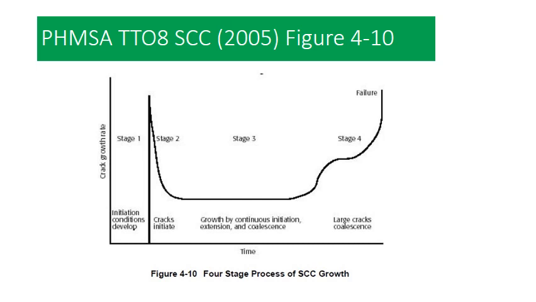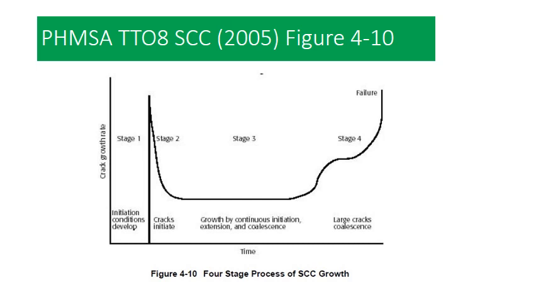Here I have a figure from a PHMSA report from 2005. This was sponsored by PHMSA and its Technical Task Order 8, and it's a study of stress corrosion cracking. And here's a plot of what's often referred to as the bathtub model of stress corrosion cracking. Researchers in the field have found that fairly shallow cracks will grow with quite a high rate.